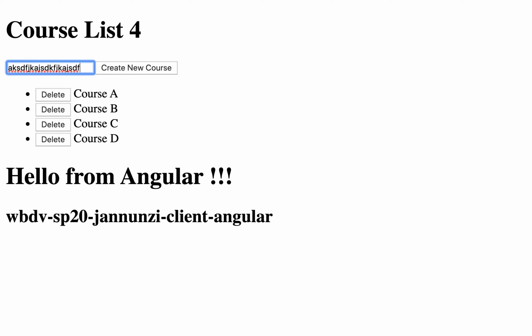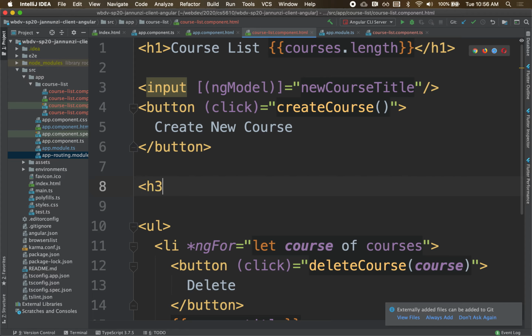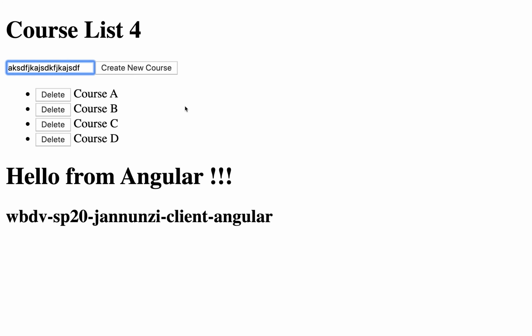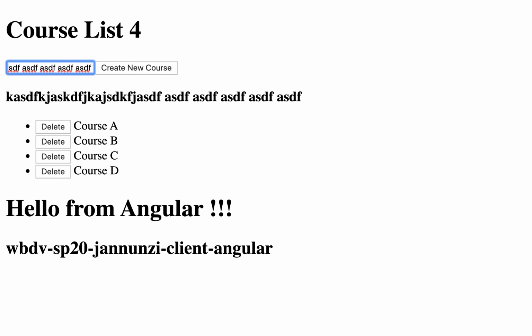How do I know that's bound? Well, we can reference that variable somewhere else, maybe in an h3 down here. We can use double curly brackets and reference that state variable and check to see if indeed it's changing over time. So notice that now if I type, whatever I do to that variable, it's being notified.